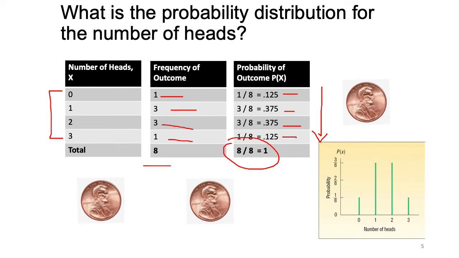This is a bar chart to represent the probabilities of the outcomes. Notice the bars are not touching. Therefore, this suggests that these events are discrete events. We can see that the highest likelihood event is either you get heads twice or once.